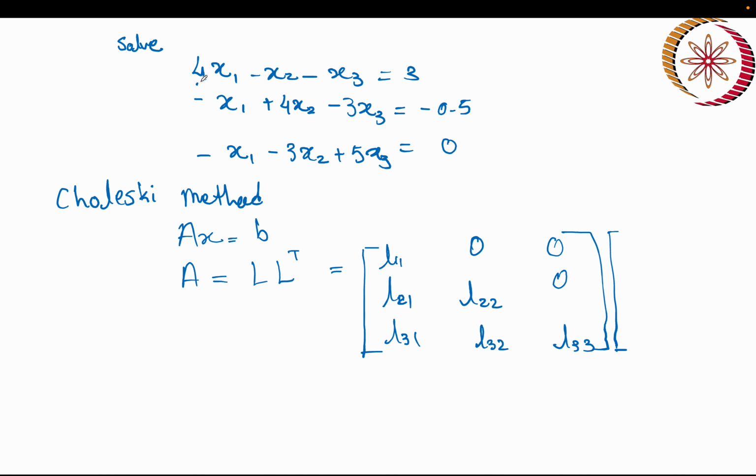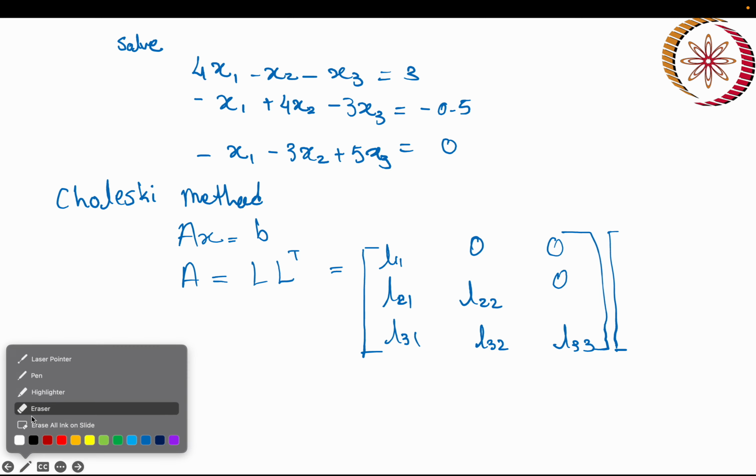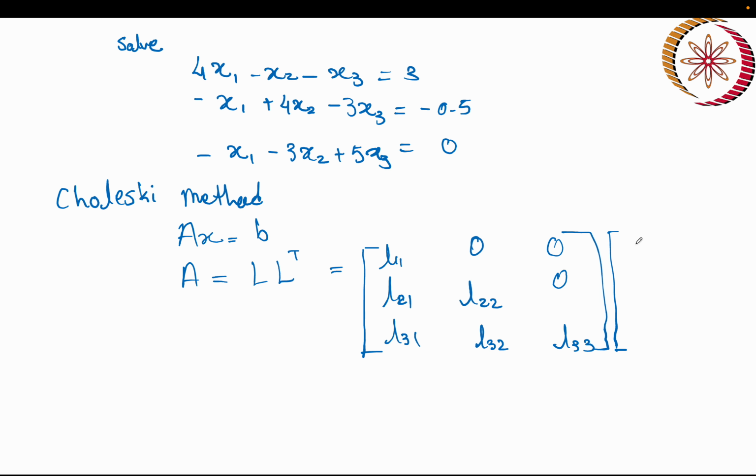You can see here the equations given form a symmetric matrix, but I will write this expression first and then we'll see. It will be L11, L21, L31, L22, L33, L32, which is just the transpose of the first matrix.